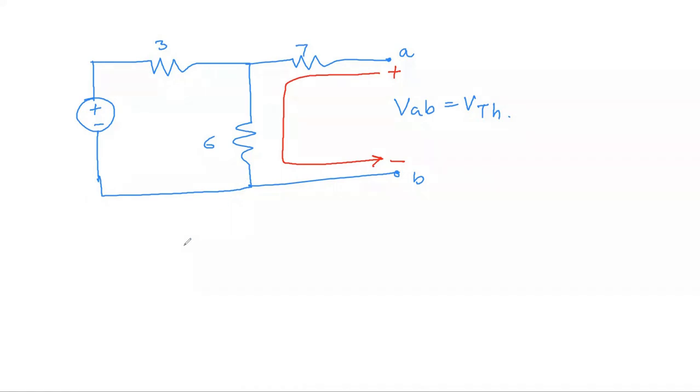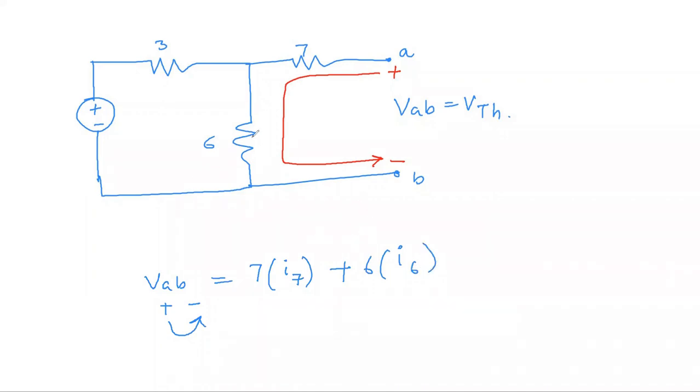Now what is the voltage? So always for VAB, we have to give polarities, go from positive to negative. Next 7 into some current, let us say 7 into I7, plus 6 into some I6.